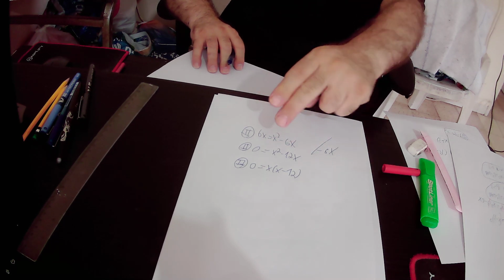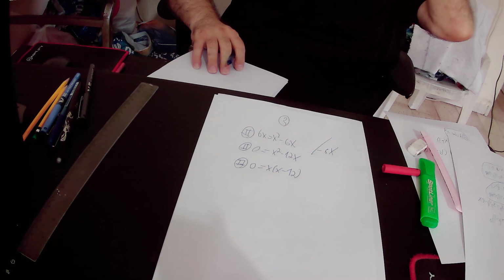We got that 0 equals x times x minus 12.